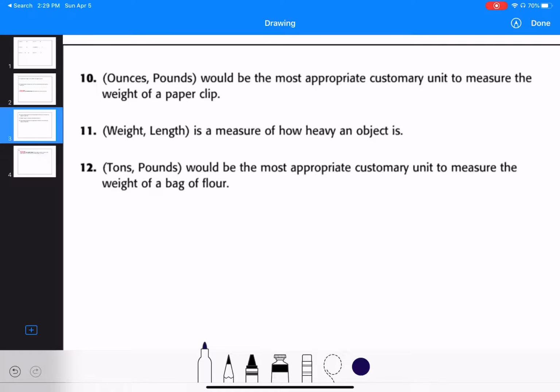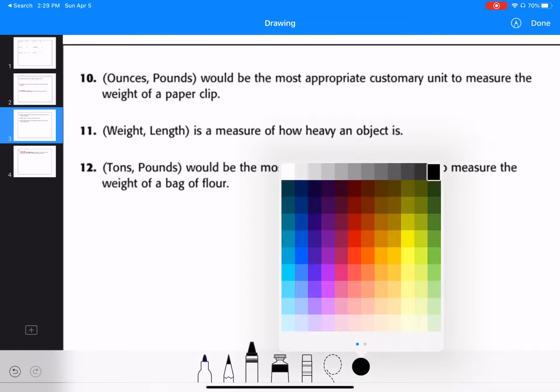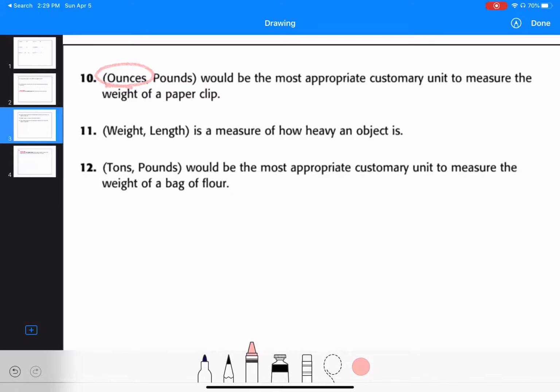On questions 10, 11, and 12, they're just asking what is the best unit of measurement? Would you use ounces or pounds would be the most appropriate customary unit to measure the weight of a paperclip? Well, since a paperclip is pretty small, the answer for this one would be ounces. Blank is a measure about how heavy an object is.